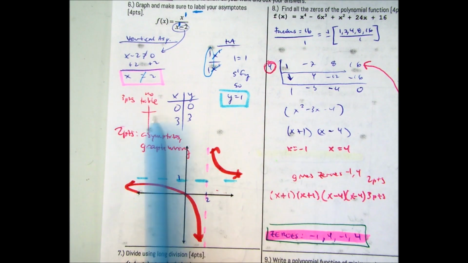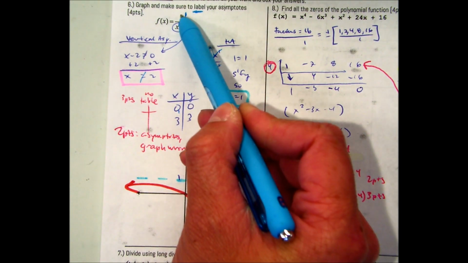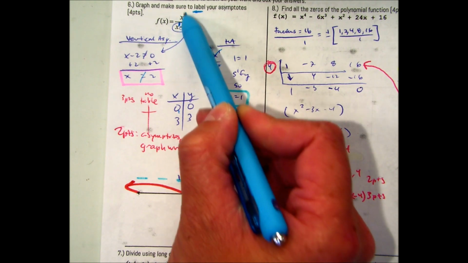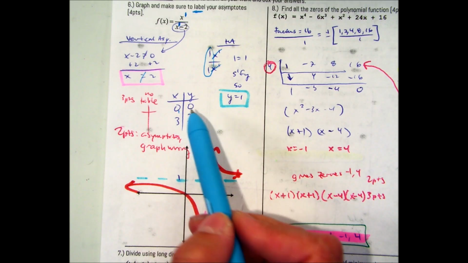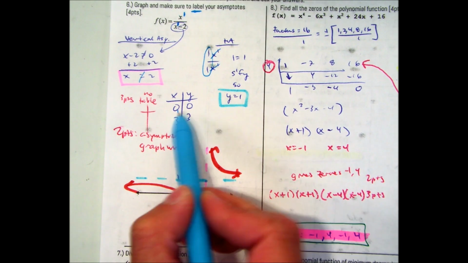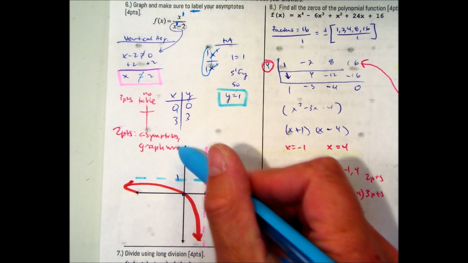The easiest number to the left of this 2 is 0. If I put in 0, I get 0 minus 2 is negative 2. 0 divided by negative 2 is 0. So that tells me if it is at 0, then my graph goes through the origin. And that tells me that I'm going to actually graph it below and not above.